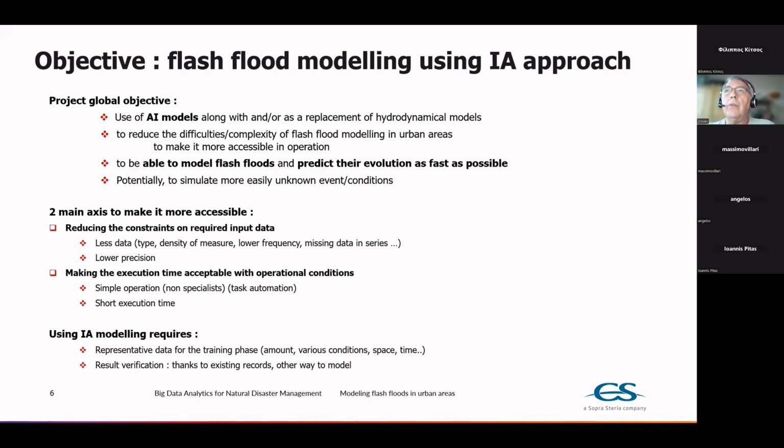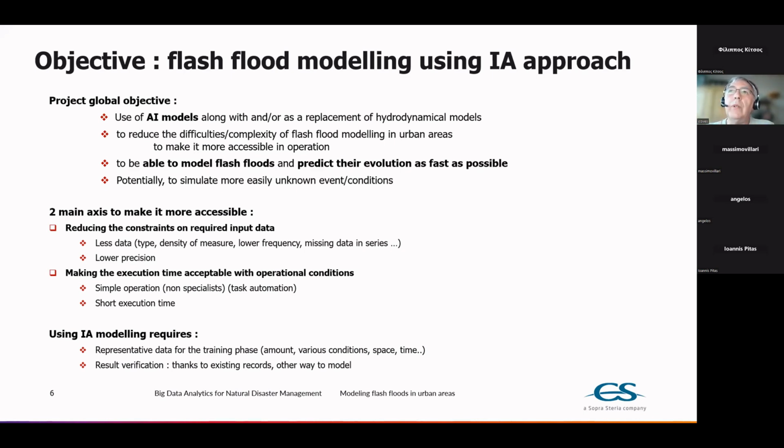And second point, once the AI model is trained, the goal was to have something which is running fast enough that we can use it and reuse it during the crisis. That was the global objective we are working on.